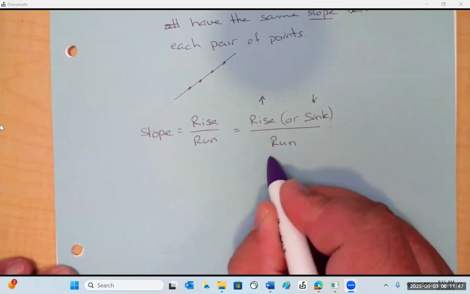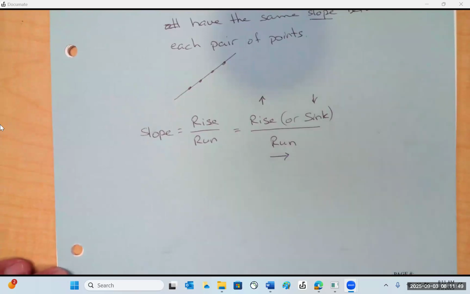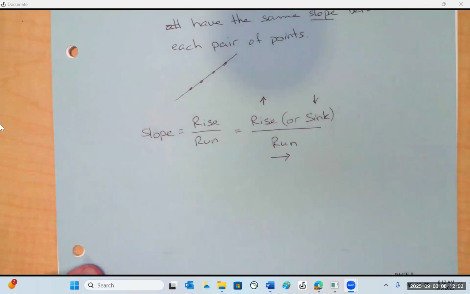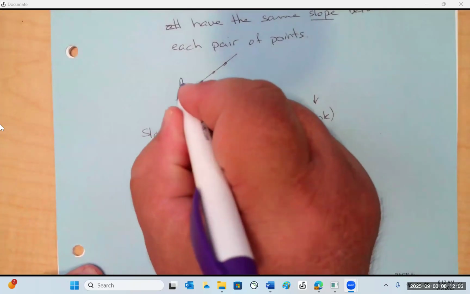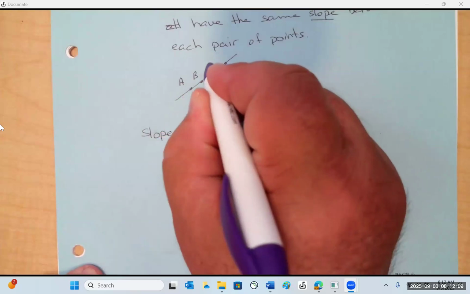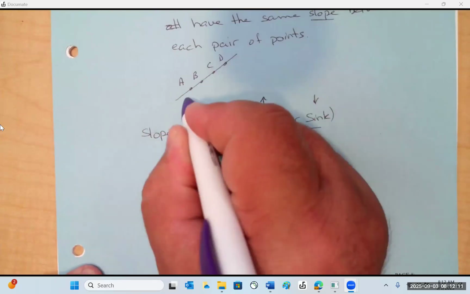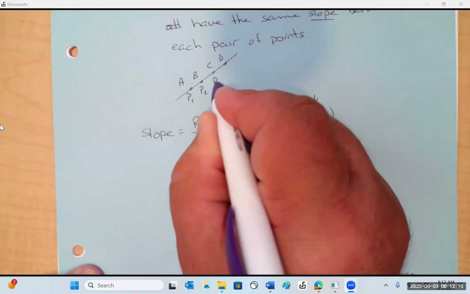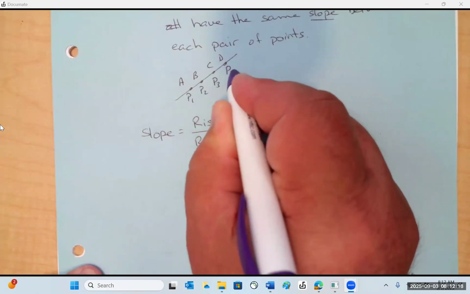And run, because remember, mathematics is a language. We read left to right. We always go from left to right. So in other words, if we looked at all these points here, this one would be point A, this one would be point B, this one would be point C and point D. Or this one's point 1, point 2, point 3, and point 4.